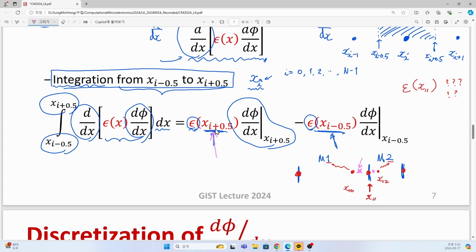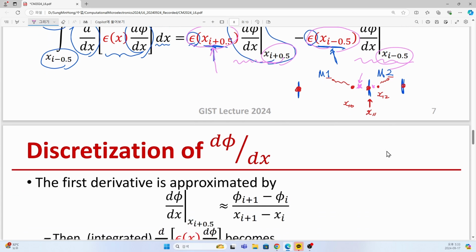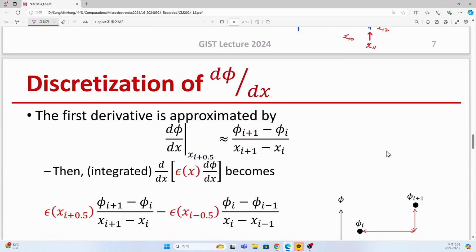So we can decide its permittivity without any ambiguity. Okay, great. And the remaining task is just to approximate this first-order derivative of the electrostatic potential with respect to the position at these two midpoints. But that can be done quite easily. So let me just show it to you here.